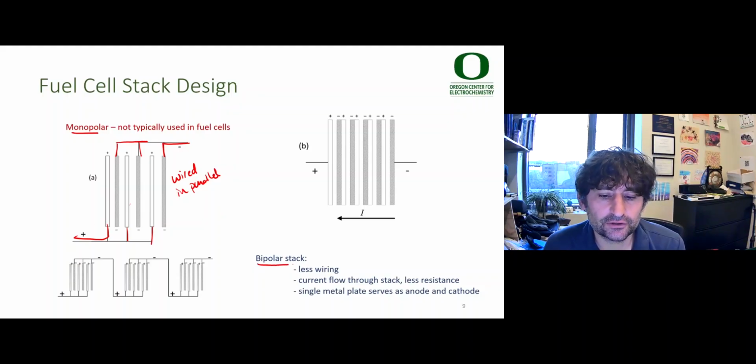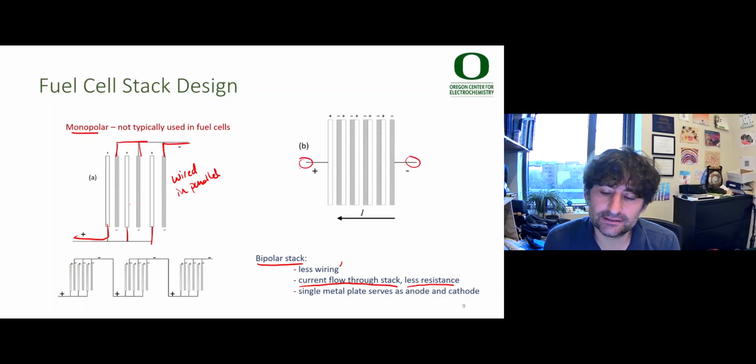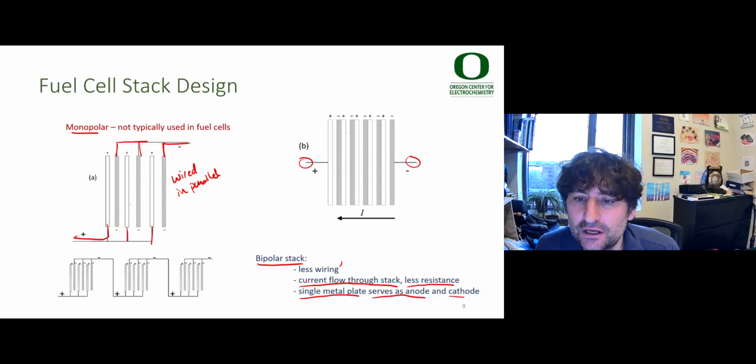Usually folks use what's called a bipolar stack. This uses a lot less wiring. The current flows through the stack, so the total current is actually lower, even though the current density is the same. So you have less resistance through wires and the ancillary equipment. And a single metal plate, or graphite plate, serves as both the anode and the cathode, so you lower your materials use. So these are the bipolar plates.